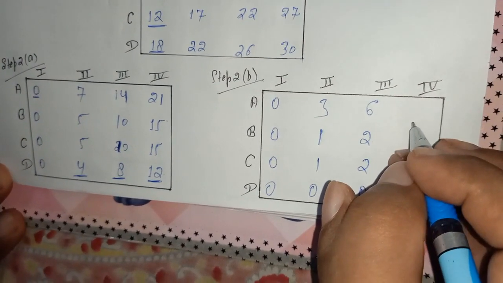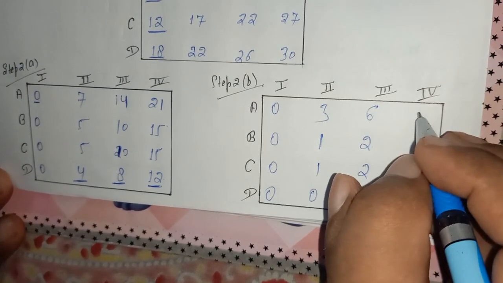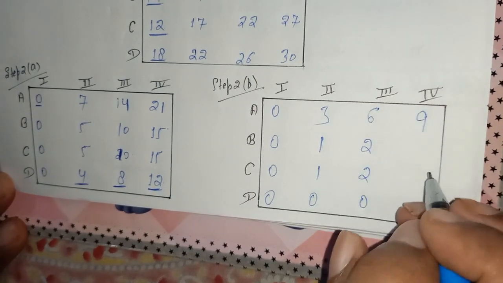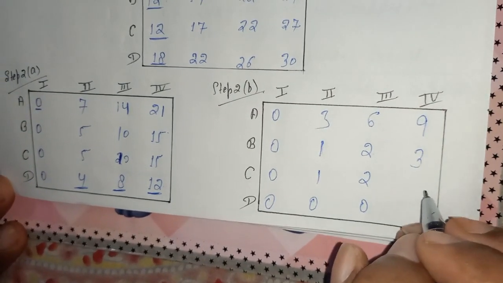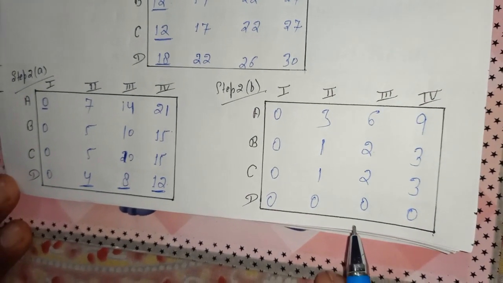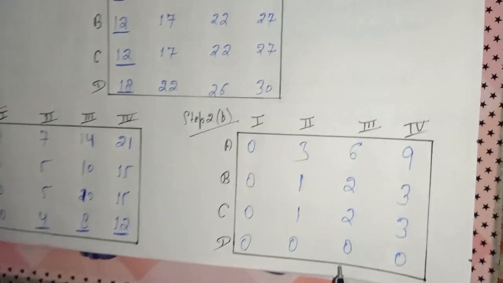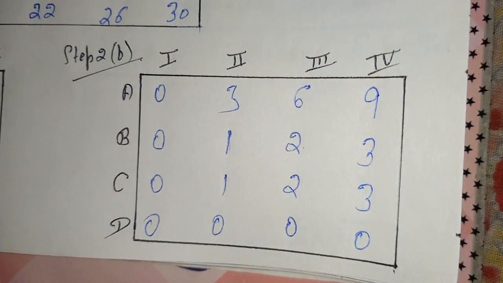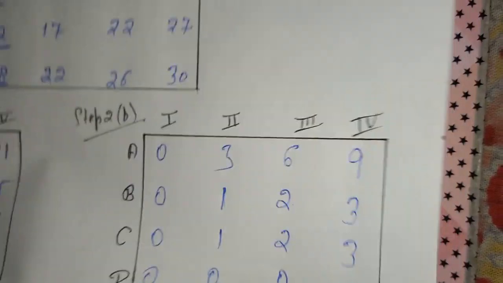In the last column, 12 is the minimum. 21 minus 12, 9. 15 minus 12, 3. 15 minus 12, 3. And 12 minus 12, 0. So we have this reduced matrix. Now make the assignment.